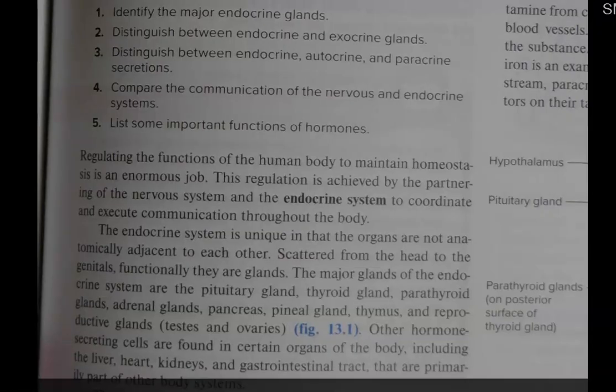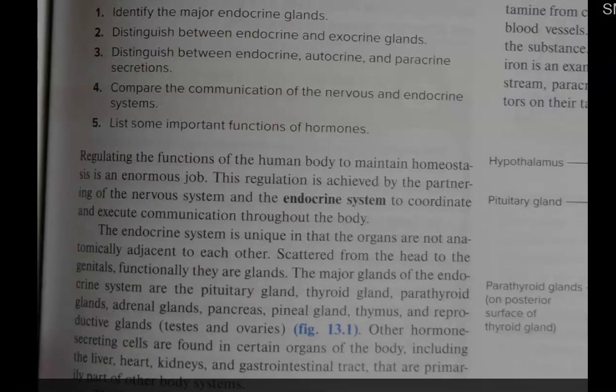And those are really rapid means of communication. I almost like to think of nerves connecting the central nervous system to effectors like muscles as almost like a telephone call running through a wire.